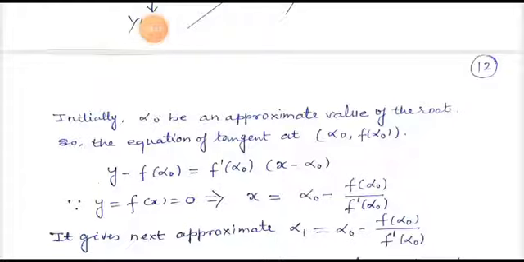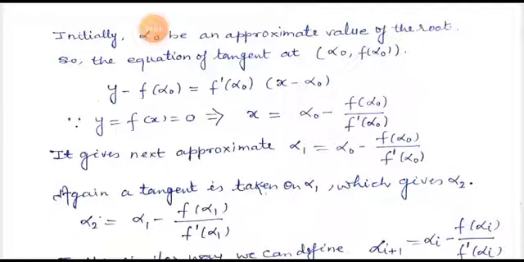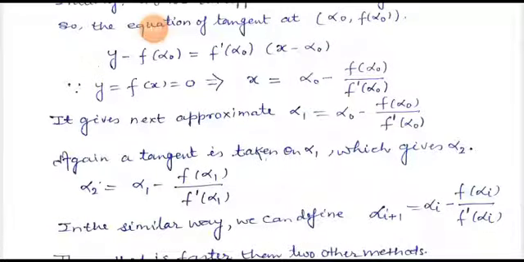This is the equation of the tangent. If y is equal to f(x) is equal to 0, this implies x is equal to alpha 0 minus f(alpha 0) upon f dash(alpha 0). It gives the next approximation alpha 1 is equal to alpha 0 minus f(alpha 0) upon f dash(alpha 0).